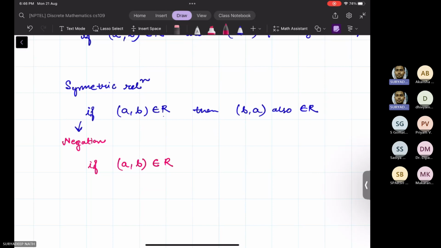What do you think is the negation of this statement? If (A, B) belongs to R, then (B, A) also belongs to R. Can anyone say what the negation of this statement is? It is basically an implication. So this statement is an implication. So what is the negation of this implication?